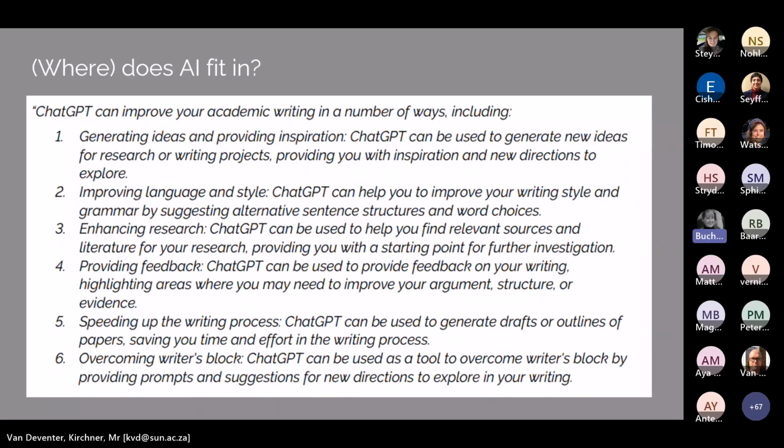But I do reiterate, this is only to generate, to develop, to brainstorm ideas. It's not the be-all and end-all. The onus still rests on the individual researcher to tackle their research with integrity.